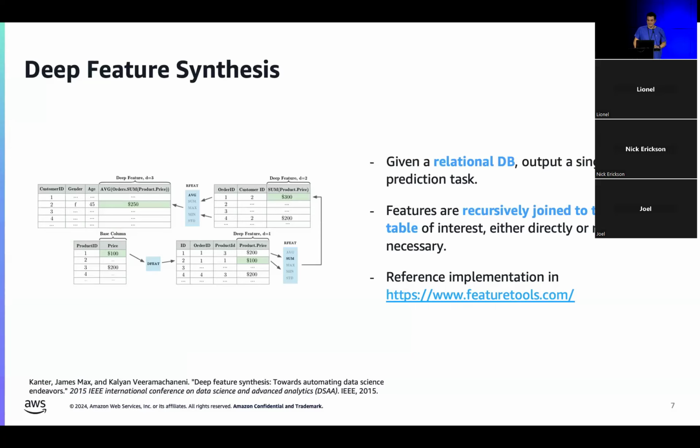And deep feature synthesis, what it does is it uses essentially either directly joining the other columns from other places in the relational database, or it uses rollups where appropriate, using the schema of the database to bring everything together in the single table, right?